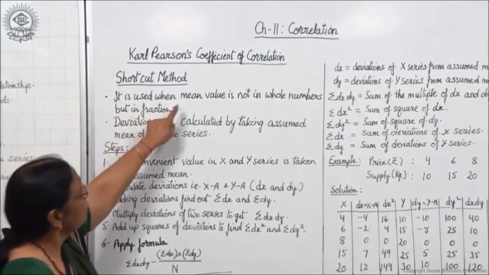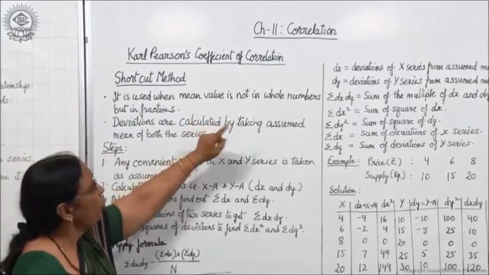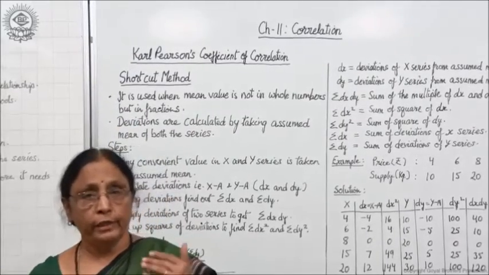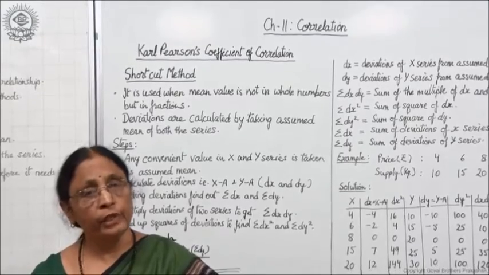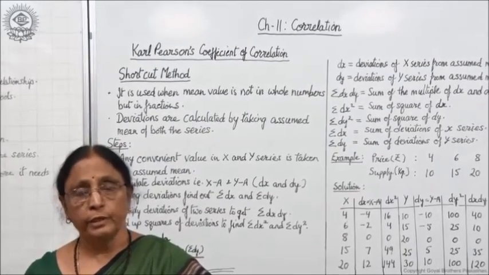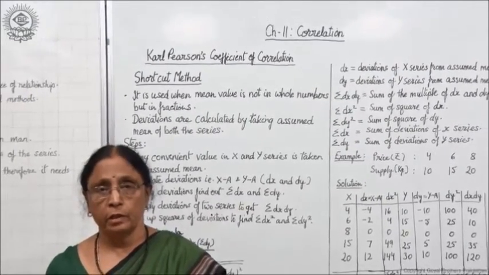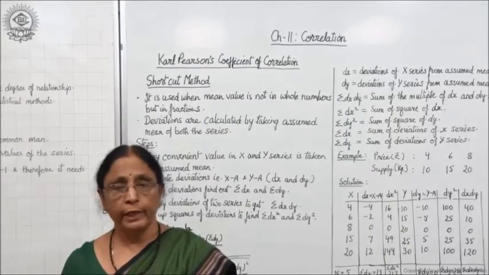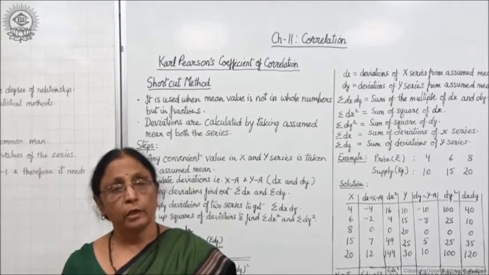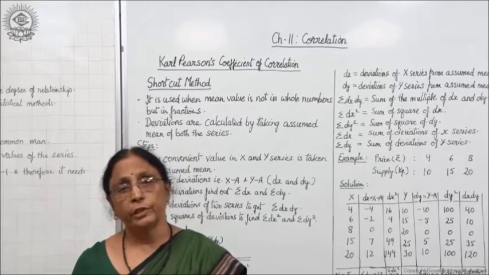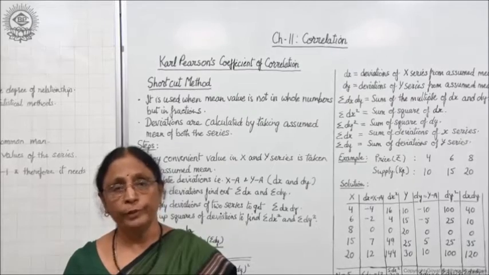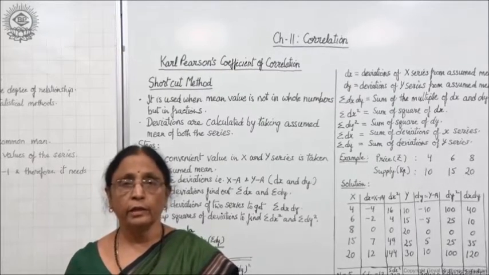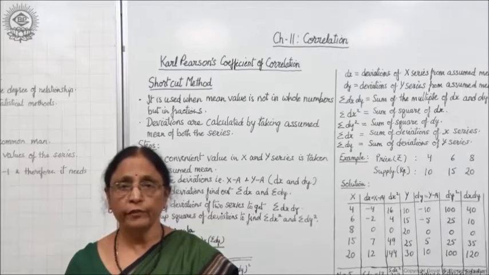It is used when mean value is not in whole numbers but in fractions. Suppose you calculate the actual mean and the mean value that you get is in fractions, maybe 20.5, 15.8, something like this. Now you can do the calculation out of the fractional value of mean also, but that will involve a lot of calculations and that will be a little difficult also.